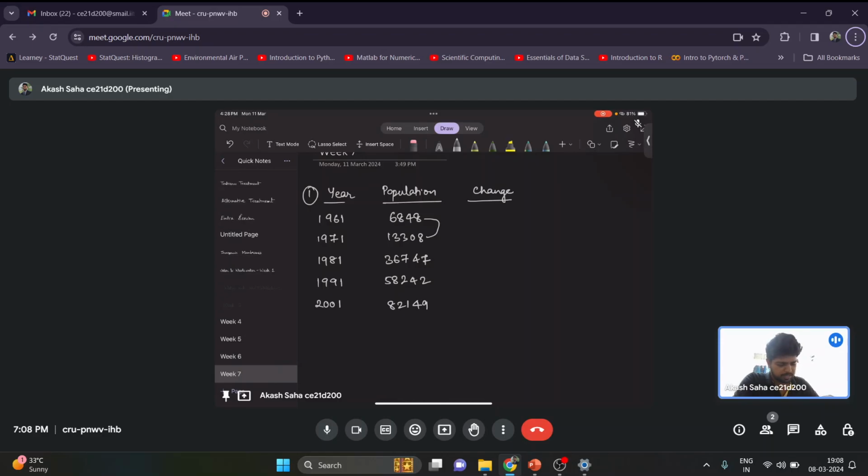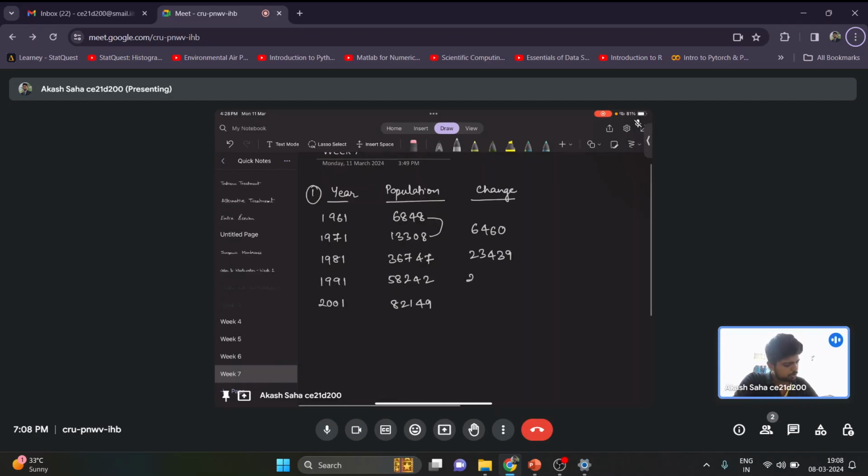If we subtract these two, we will get 6460. Similarly, from 1971 to 1981, we get a change of 23,439. So we just have to subtract the populations. In this way, we will get the changes.